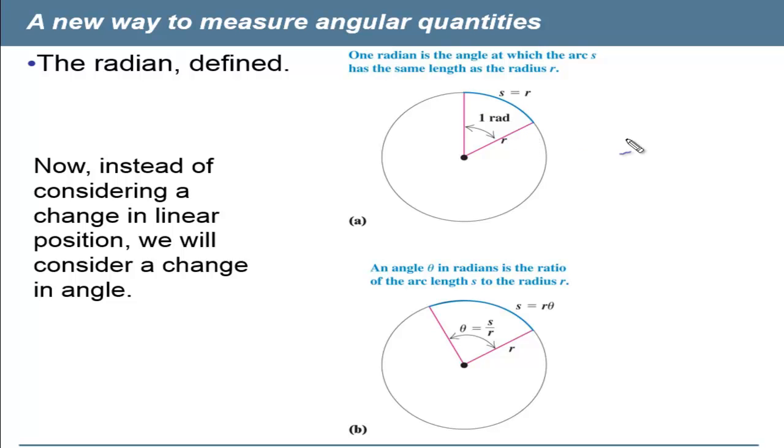So basically the angle theta would be a ratio of the distance a particle travels over its path, s, divided by its radius here.